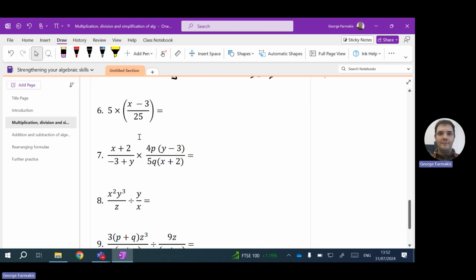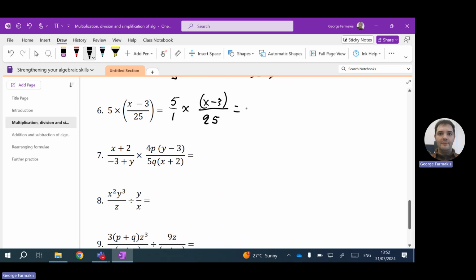So example 6. So here we have 5 times the algebraic fraction x minus 3 over 25. Okay, so let's do it step by step. So let's first write 5. So I'm going to write 5 as 5 over 1 times x minus 3 is the numerator, 25 is the denominator.